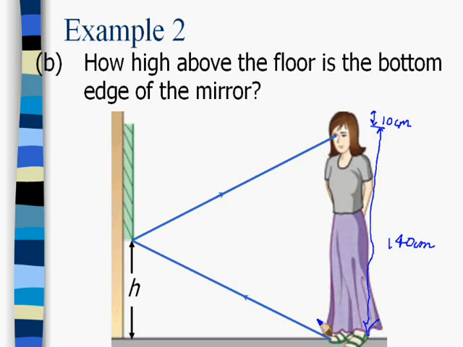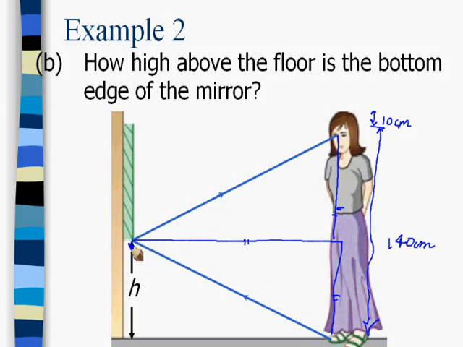This is the incident ray and this is the reflected ray. In the middle we have the normal line, and you can see that this triangle is congruent to this triangle. That's why this distance is equal to this distance.